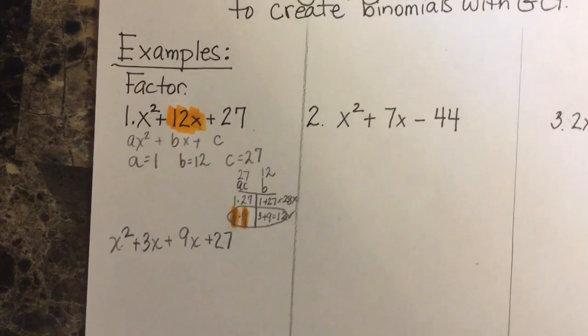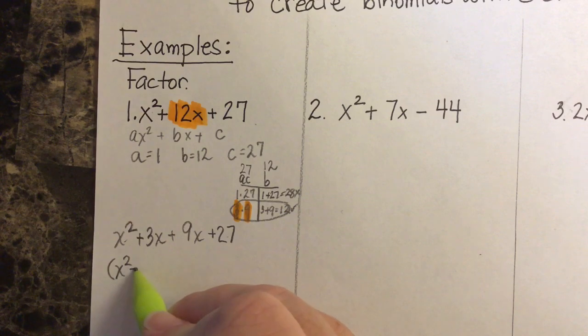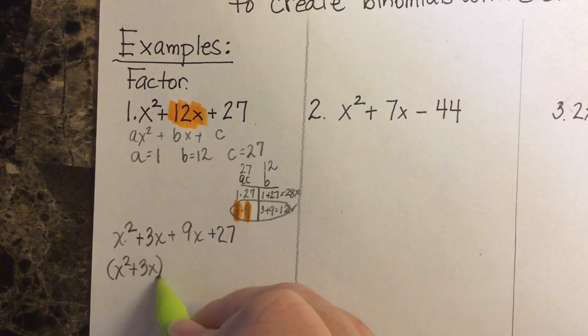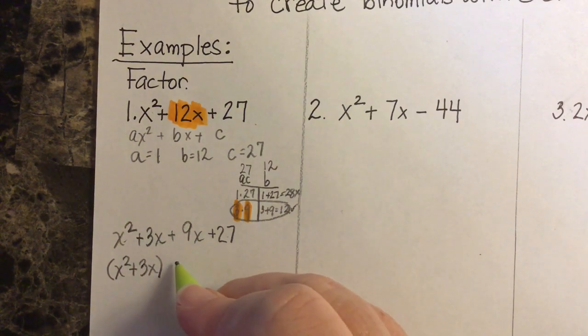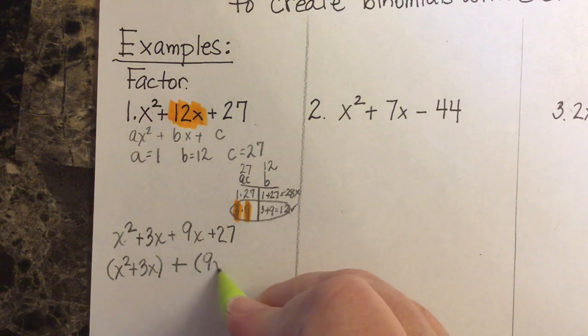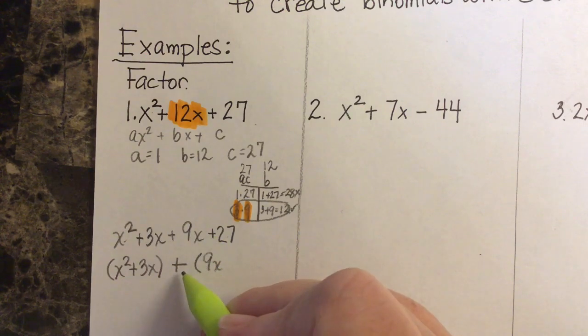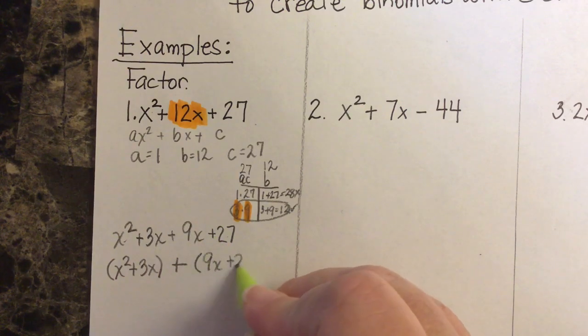Next, I'm going to factor by grouping. I'm going to group the first two terms together with parentheses. I'm going to put an addition sign and group the last two terms together. So if this had been a negative sign, I would make that negative 9x and put a plus sign in the middle.